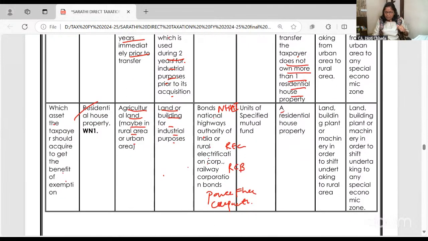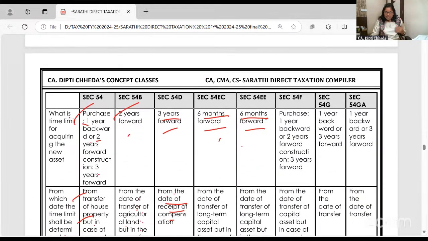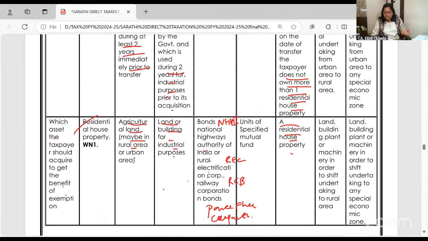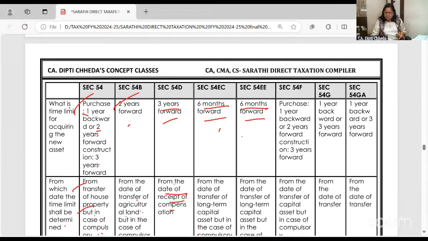And what you have to buy? Residential house. You are selling any long-term capital asset, individual and HUF, other than house, and you are buying a house. Time limit is same, because here also you are buying house. So here also it is like section 54, same.